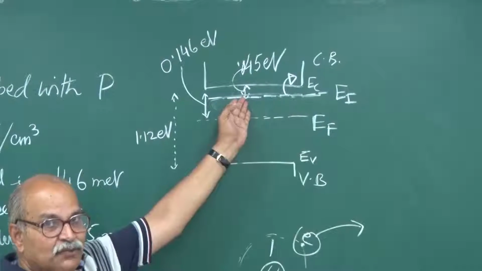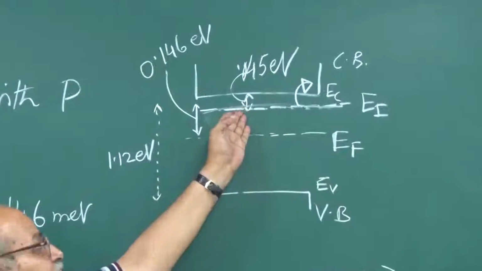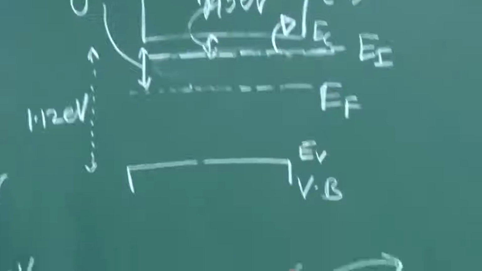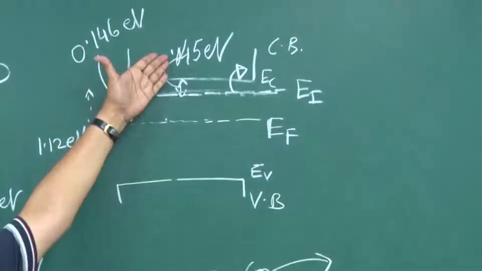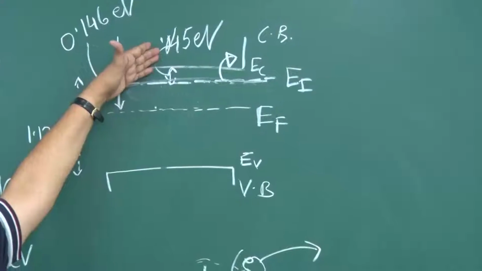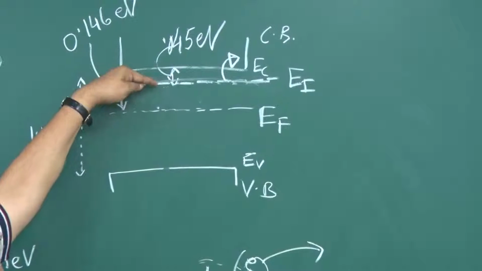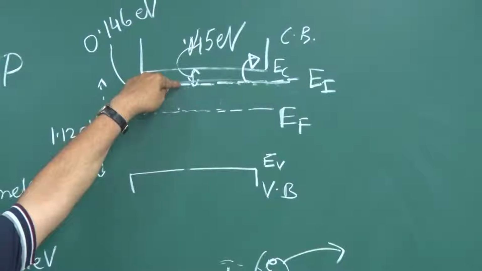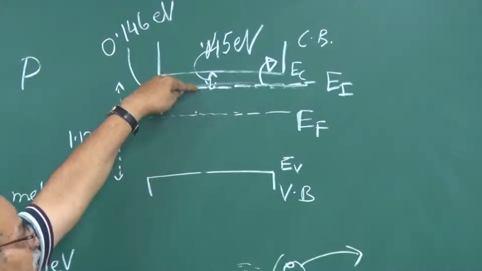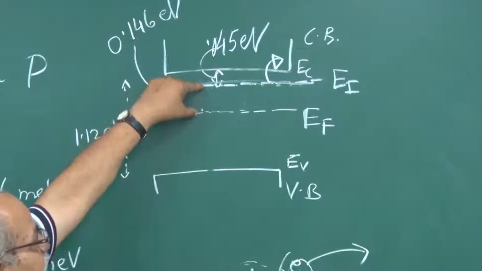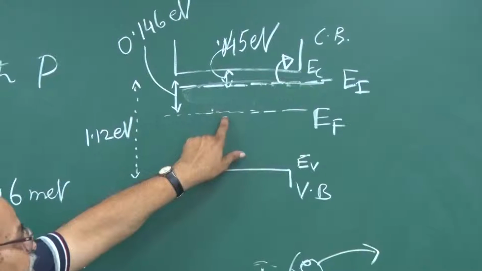So you have created new quantum states, and there are electrons to start with. But then these electrons are going to the conduction band, and there is a probability of that. So what is the probability that a quantum state here is filled by an electron? That probability we can calculate, and for that this EF is needed.